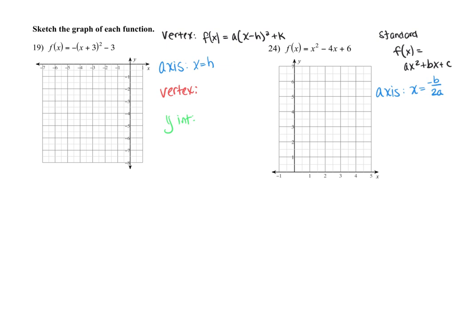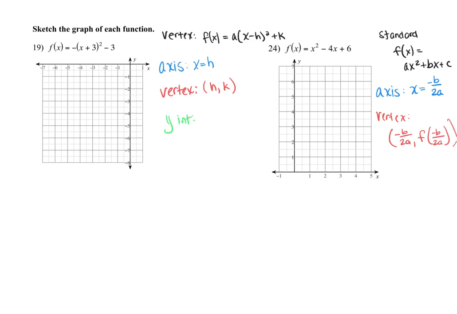For vertex form, the vertex is just h, k. For standard form, remember you have to take that x value that you just found, negative b over 2a, and that is your x. And then you plug it in. F of, that just means plug it in. F of negative b over 2a gives you your y value. So your axis is your x value.